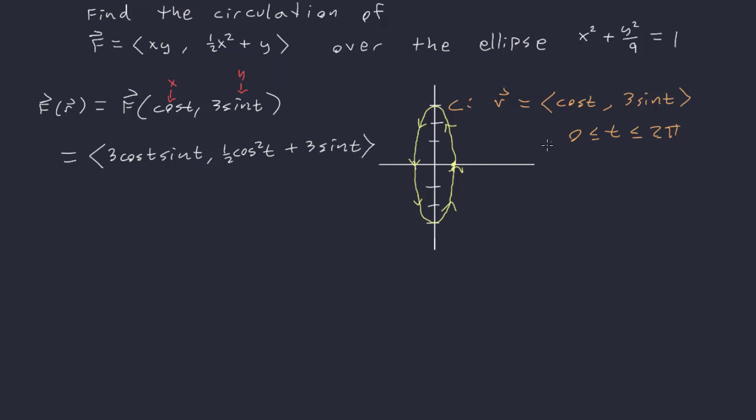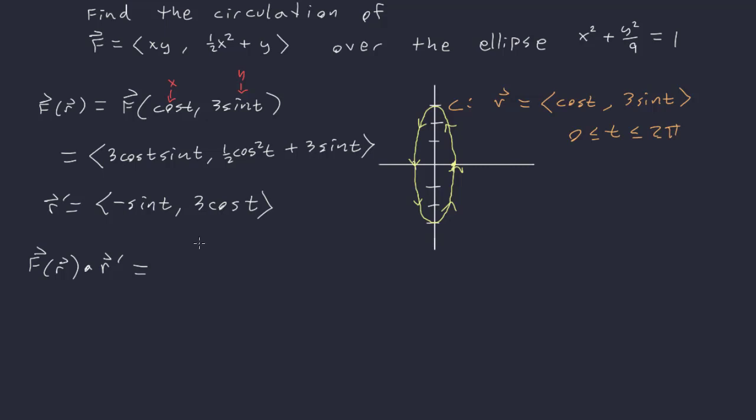All right, now we need to find r prime. So r prime will be negative sine t, comma 3 cosine t. Okay, we're not done yet now. We get to take the dot product of these two. So it would be f of r dotted with r prime.